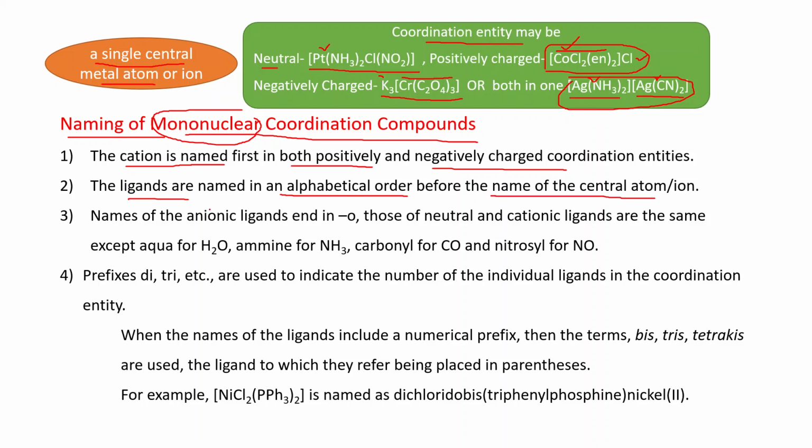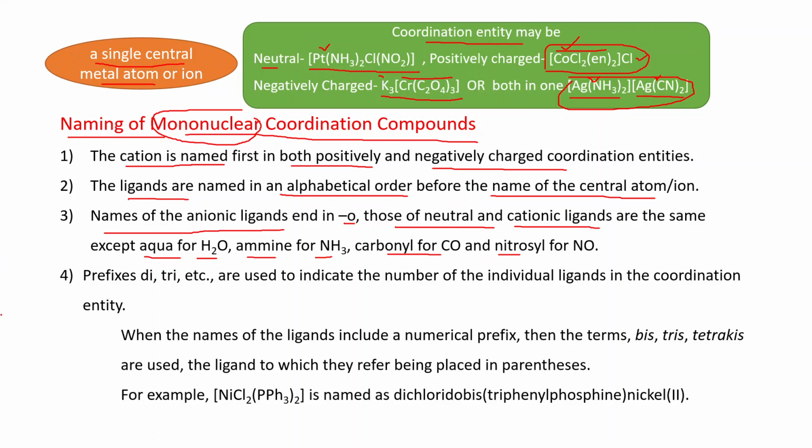That is, first we will write the names of ligands in alphabetical order, then we will write the name of the central atom or ion. Names of anionic ligands end in O. We already discussed. Those of neutral and cationic ligands are the same except aqua for H2O, ammine for NH3, carbonyl for CO, and nitrosyl for NO.